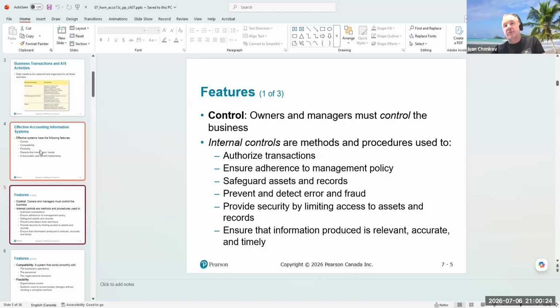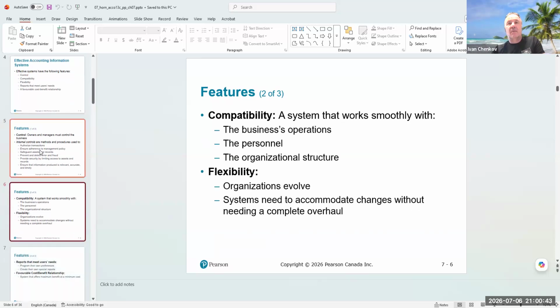It has to provide security with limited access and make sure that the information in the system is relevant, accurate, and entered on a daily basis. Comparability.